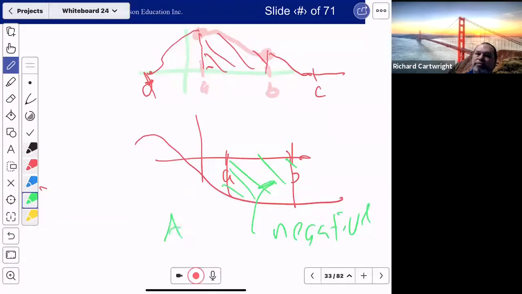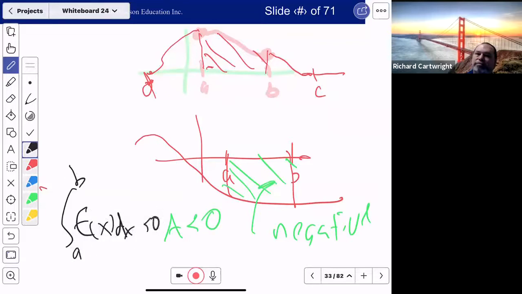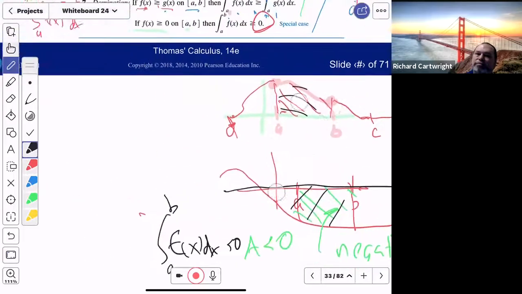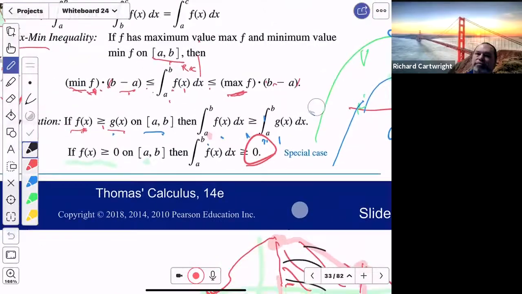This area is less than 0, which implies the integral of f of x from a to b dx will be less than 0. Under the x-axis, area is negative. Above the x-axis, area is positive. He didn't bring that up in here, did he? No, he did not.